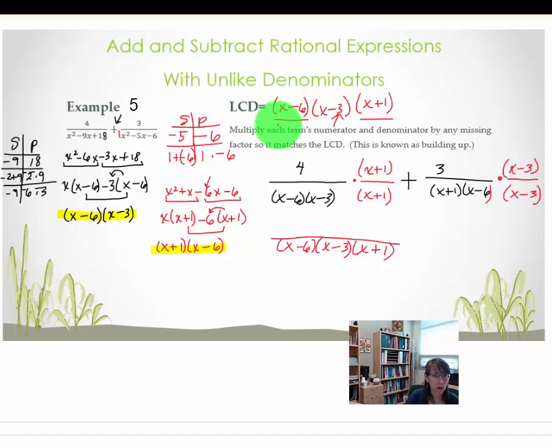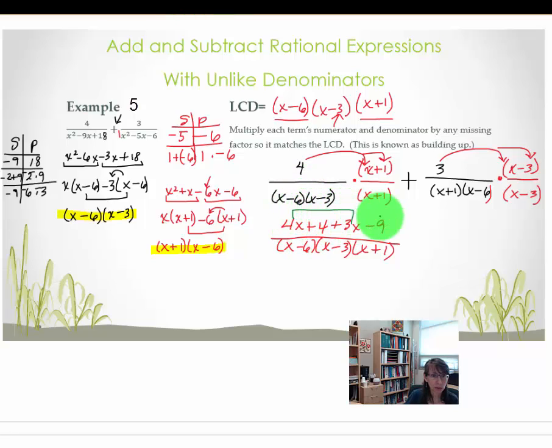In our numerator, 4 is distributed to this quantity, making 4x plus 4. It is addition, so it's positive 3 distributed to each of these terms. Positive 3x minus 9. So if we have any like terms, they need to be combined.